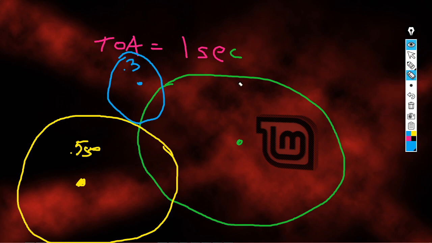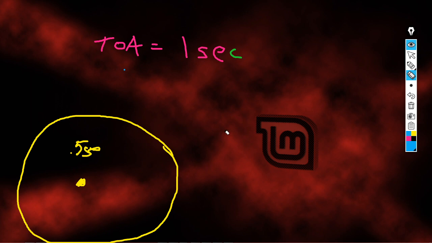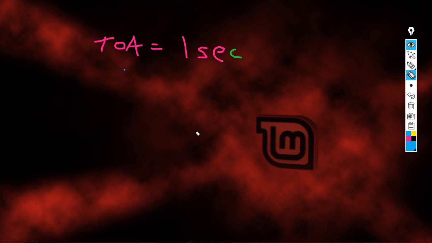Another method says that, and all we're doing is using time of arrival. But because we don't know the initial time, we have to make all these intersecting diagrams.